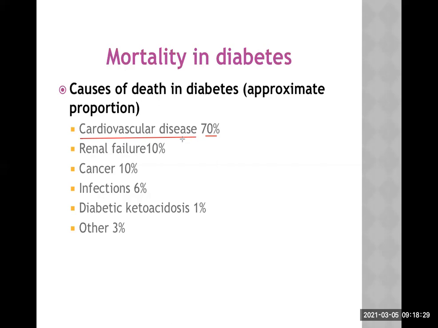And all over the world, myocardial infarction is the number one killer. Diabetes is extremely important risk factor for atherosclerosis. So look at the connection here. At the same time, if the person is a smoker, if the person is having hypertension, or if the person is dyslipidemic, the chances are much more higher.